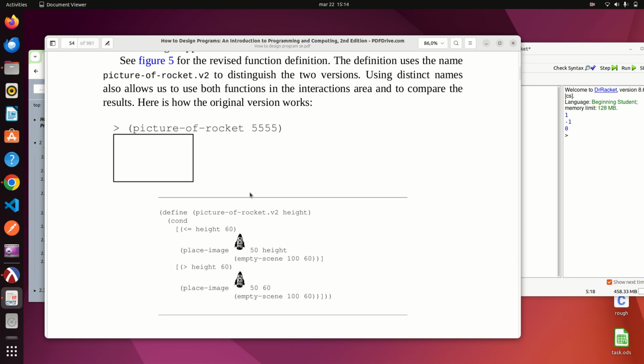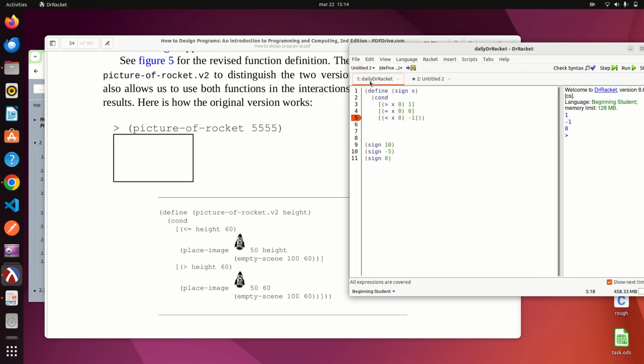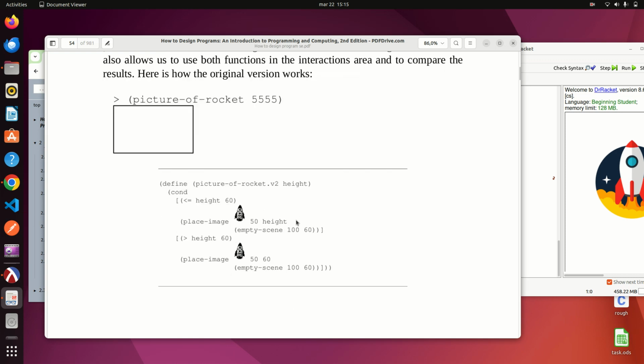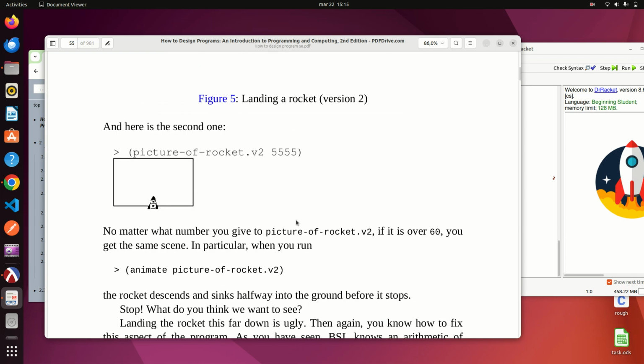Yeah, so now they're using a cond because we don't have the same dimensions. So picture of rocket v2, so we have v2. So let's try.